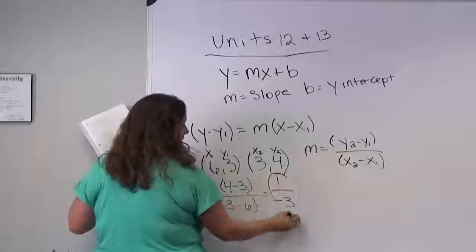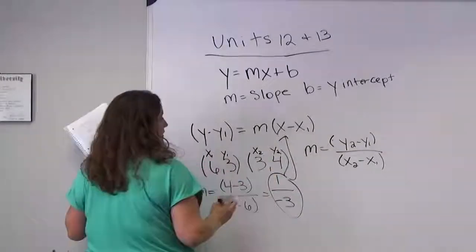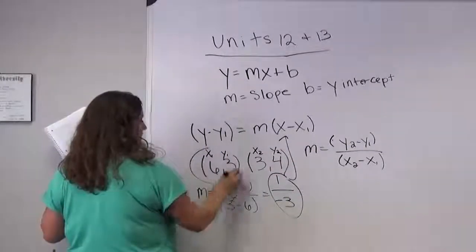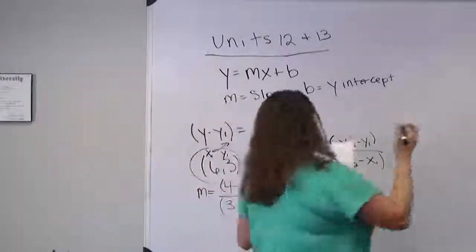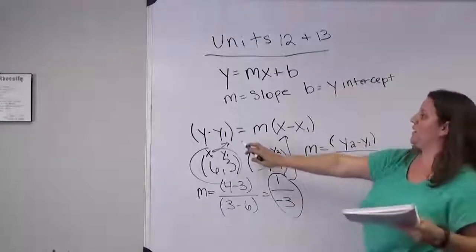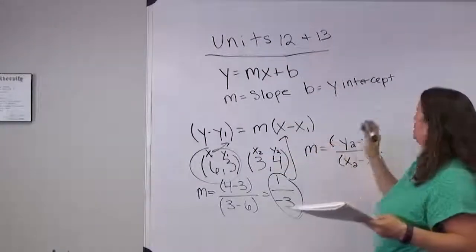Now we will use that value, plug it into that equation, and use this ordered pair and also plug it into that equation. So remember, y minus y1 equals m times x minus x1.